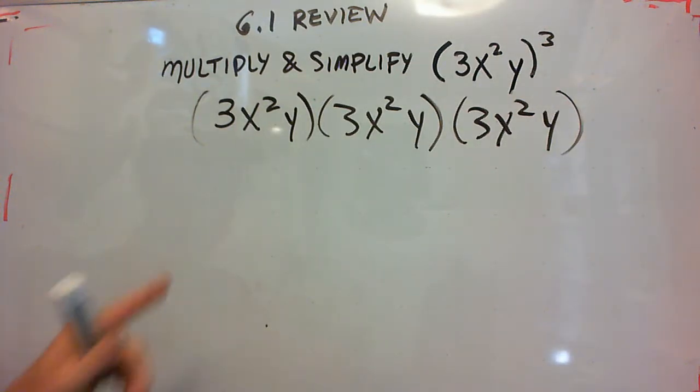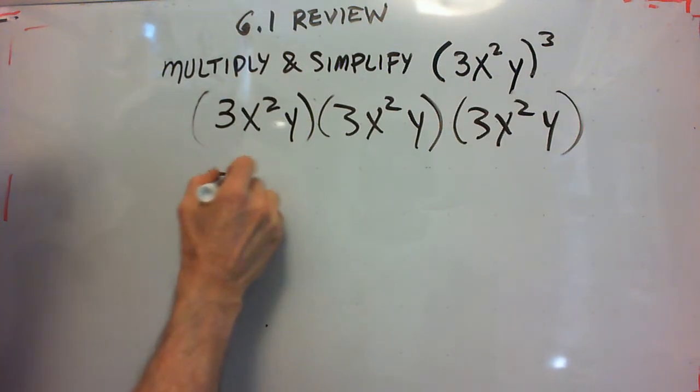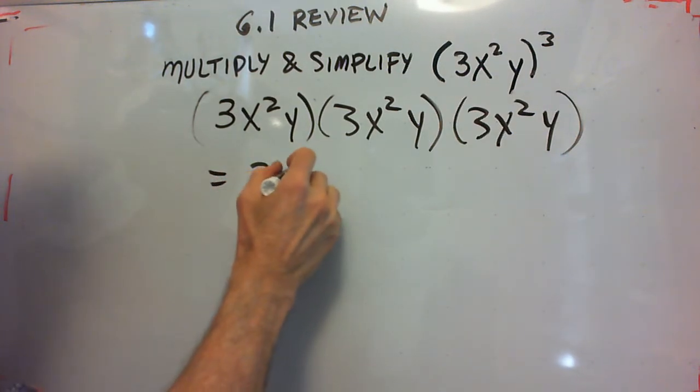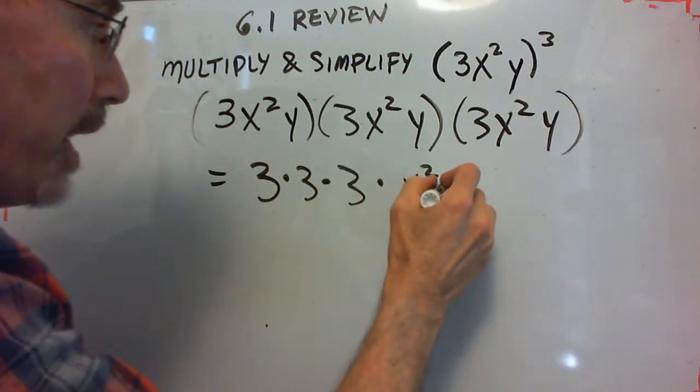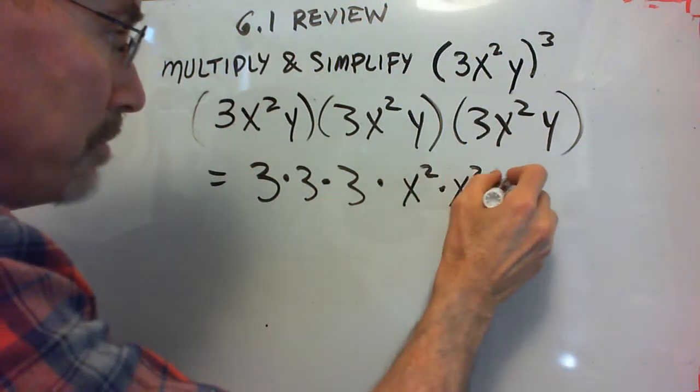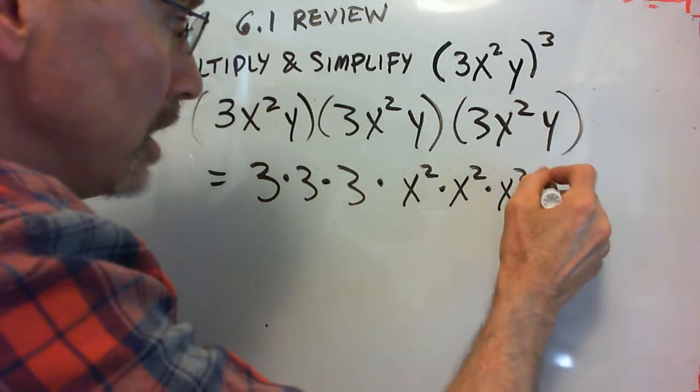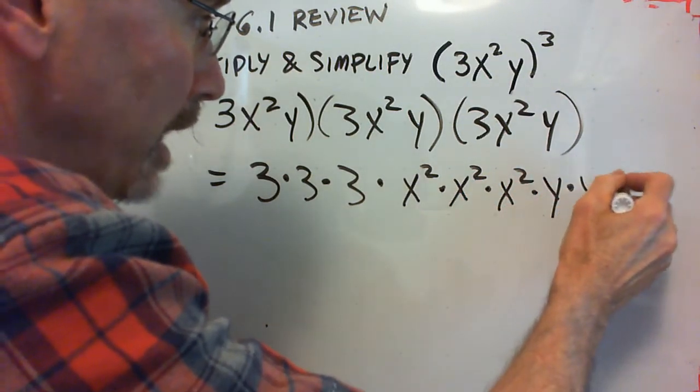And we could work it out that way, which would give us 3 times 3 times 3 times x squared times x squared times x squared times y times y times y.